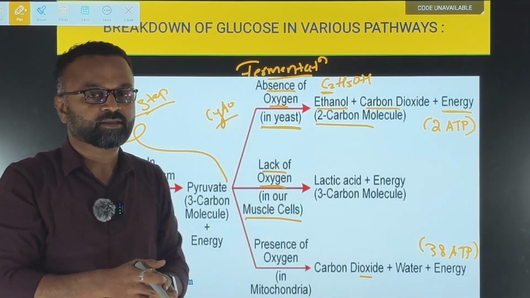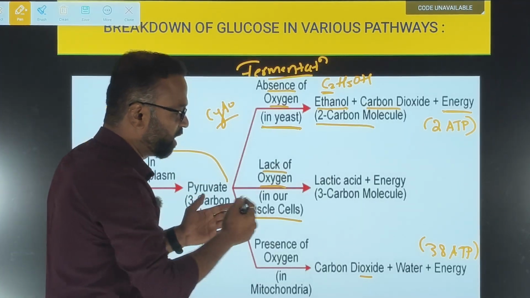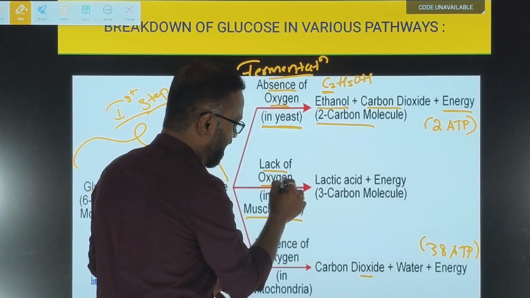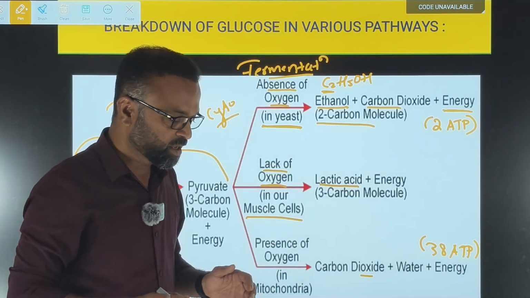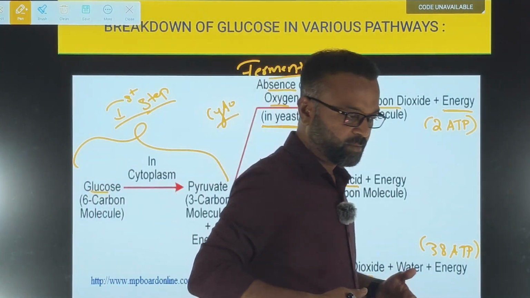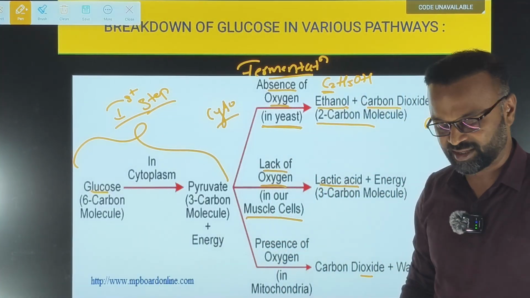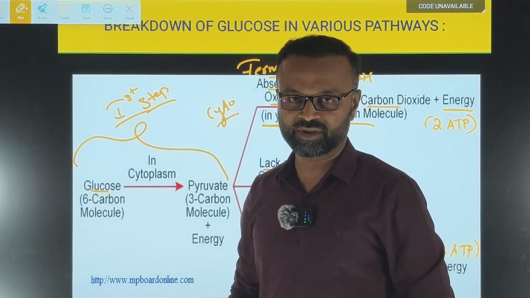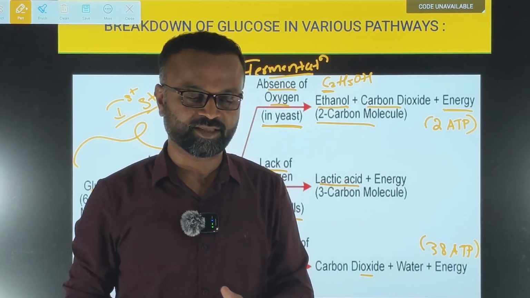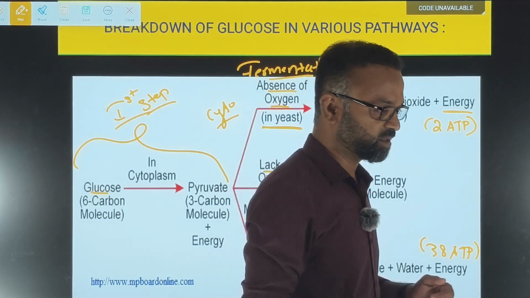Instead, this pyruvate will break down into lactic acid. Say for example, if I am walking like this, the muscle cells of my lower body are releasing the energy and utilizing that energy. That's the reason I am able to do the physical movement.